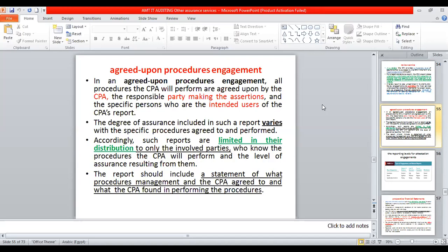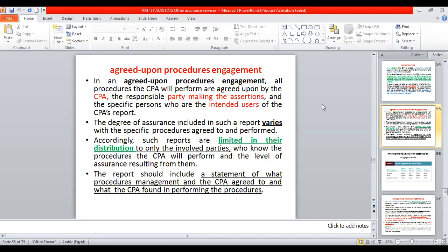Also, you should understand that the report or the outcomes of the agreed upon engagement must be limited in its distribution to only the parties involved in this engagement or in these agreements.